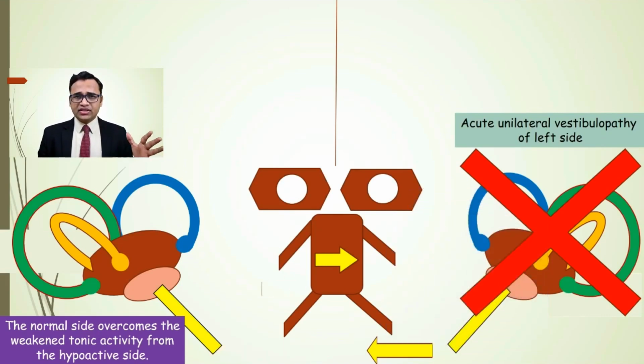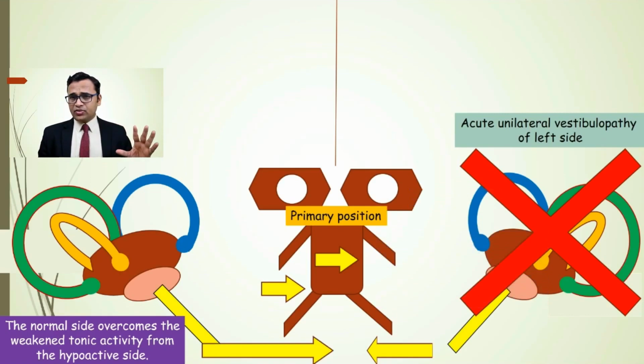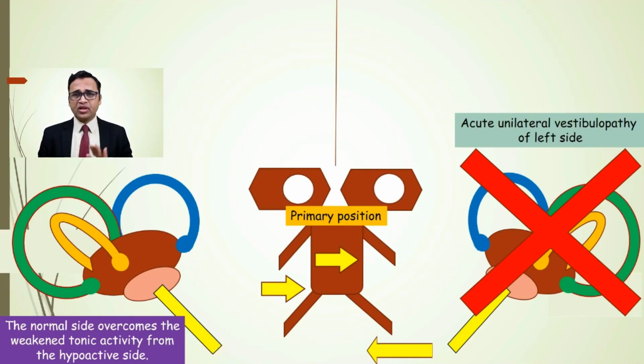Now the vestibular system on the right side also pushes the extremity towards the left side. That forms the pathophysiologic basis of direction of finger drift in finger nose testing with eyes closed and past pointing. The vestibular output on the right side also causes tonic deviation of the eyes from its primary position towards the left side.